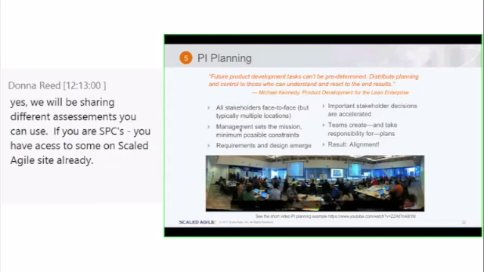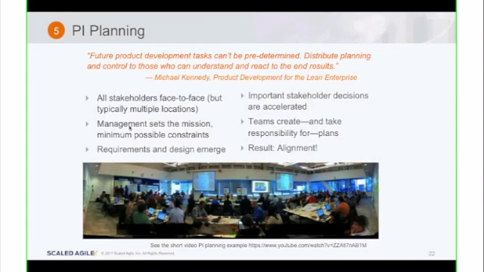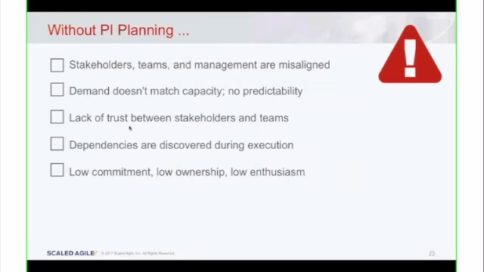And that common mission concept is extremely important, because without a common mission, each team basically works on whatever they want or whatever their product owner wants. And so we want to make sure that the entire value stream knows exactly what the objectives are for them. Now, the symptoms we see when we don't have this PI planning or big room planning is the following, the 5 that you're looking at.